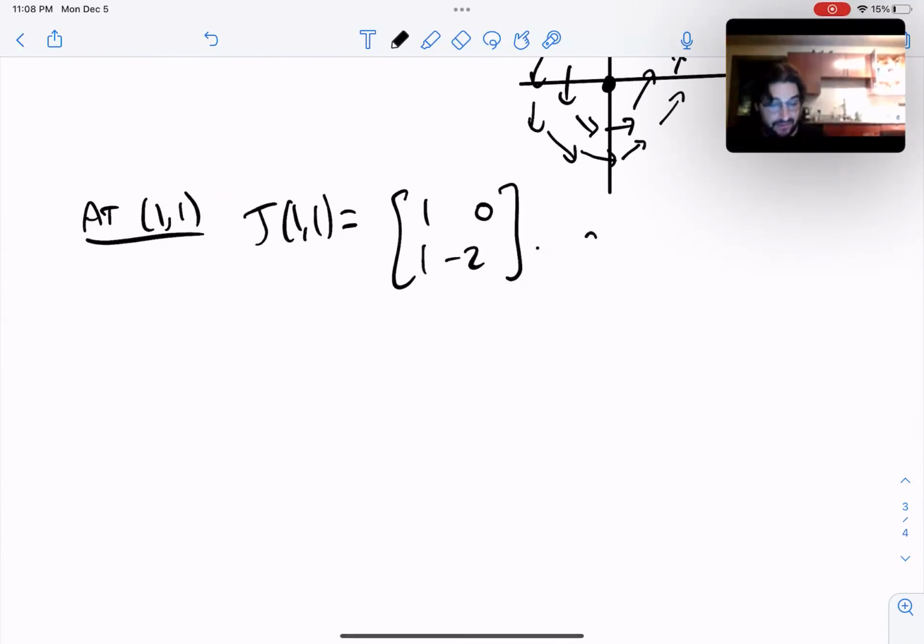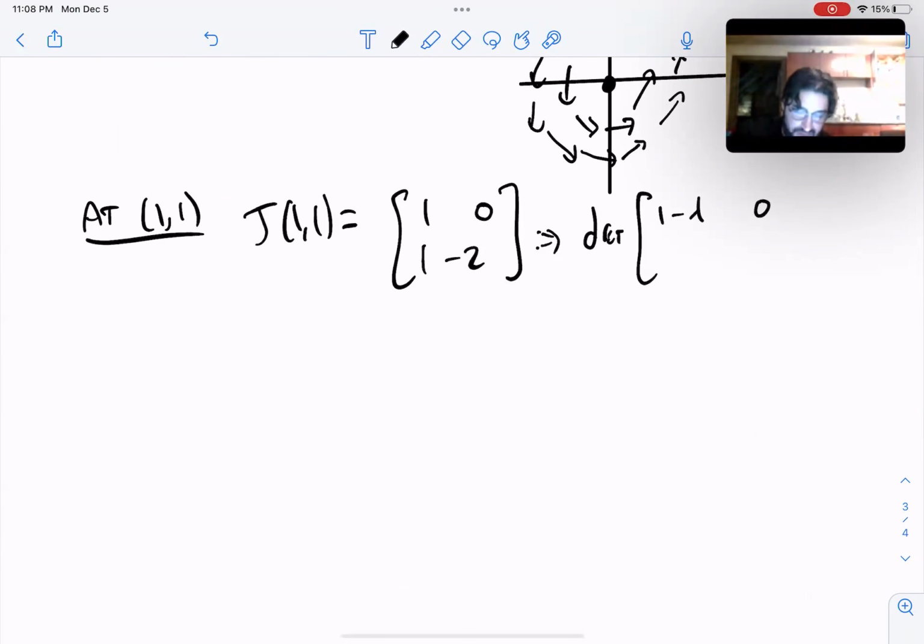Right? So now do the spectrum on this. So the determinant of A minus lambda I. There we go. Right, so here, what do we get?